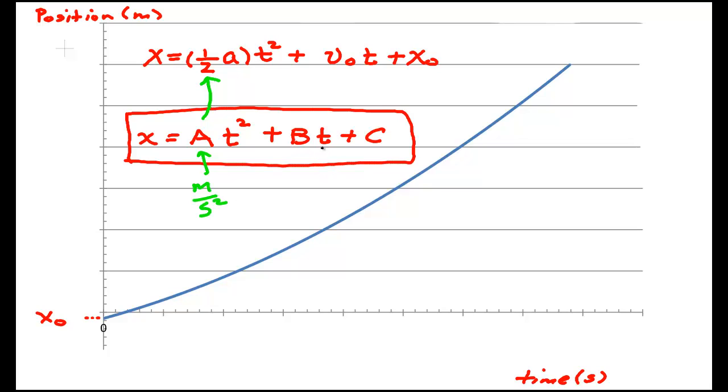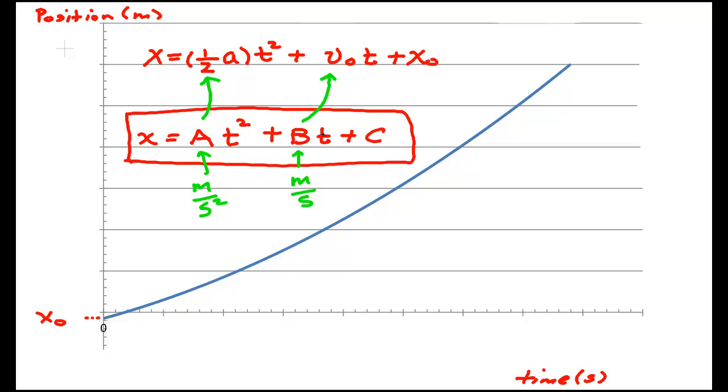This combination, b times t, has to give you the units, again, of x, which are meters, so b has to have the units of meters per second, which are the units of a velocity. And in fact, what it is is the initial velocity. So again, by fitting in Logger Pro a parabola, this b would give us the velocity when t is equal to 0.